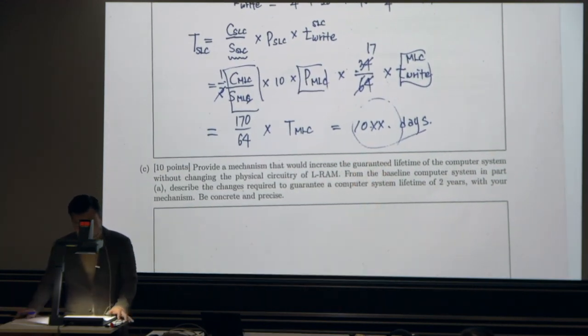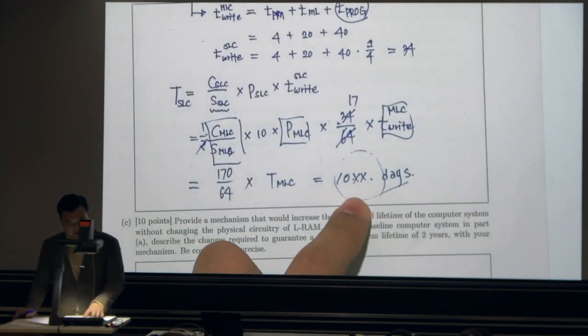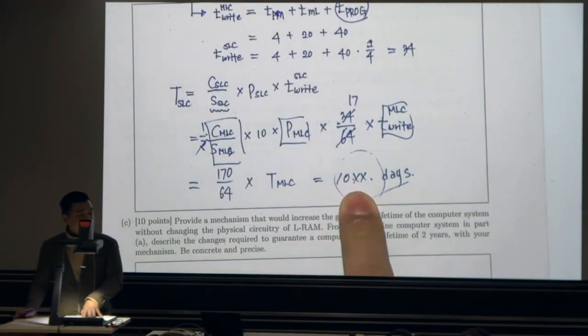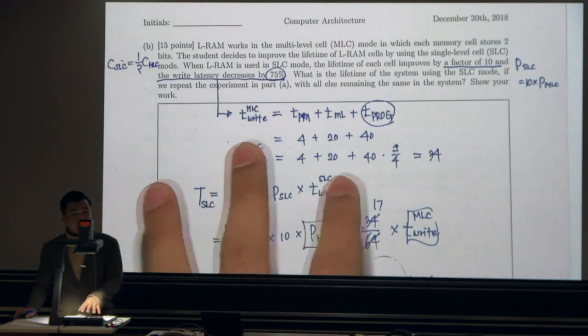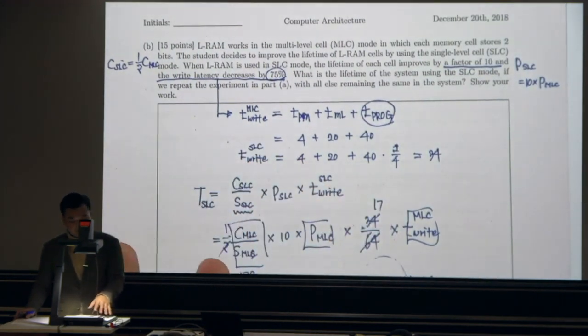So finally it meets the target lifetime of the device, but it does not mean that there is no problem now, because we reduce the capacity of the main memory system. So there should be some drawback of this approach, because the total capacity of the memory system is decreased.